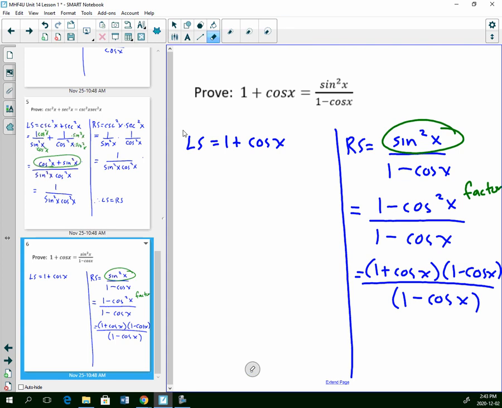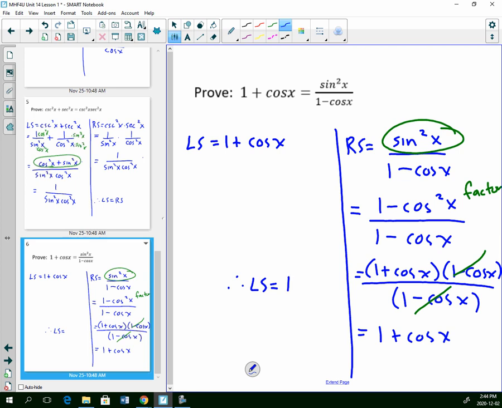And then I can reduce. Okay, so that's now left side equals right side. So that's an example of kind of thinking through it before I actually even write something down.